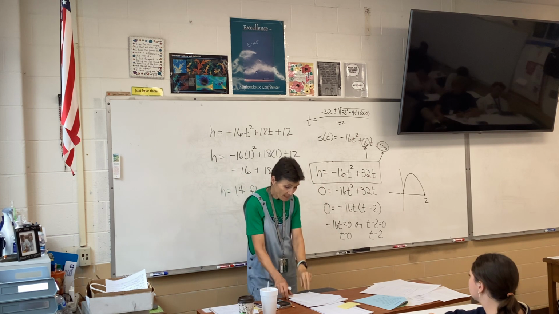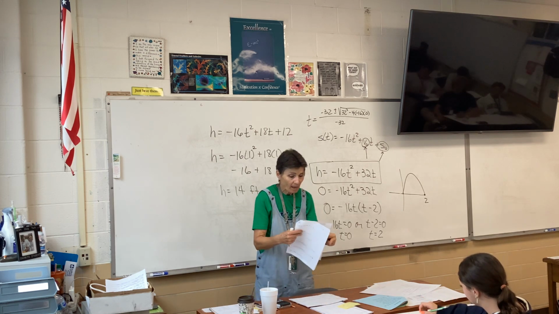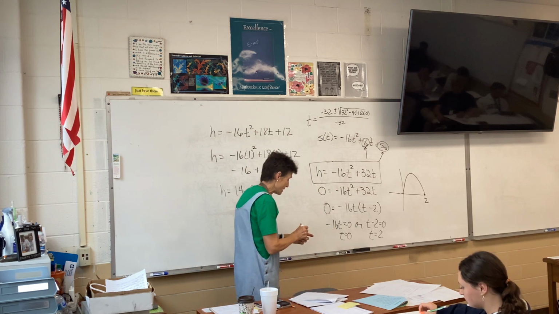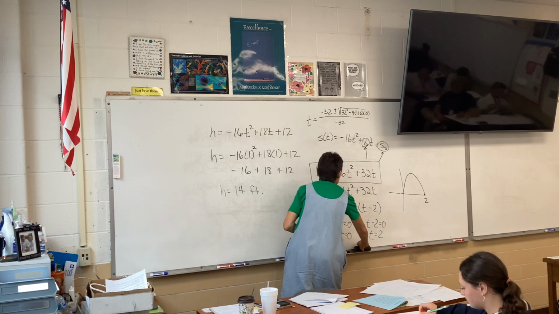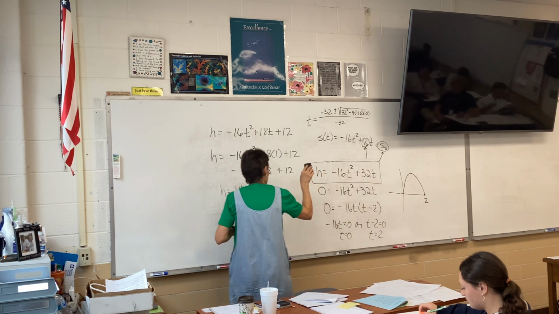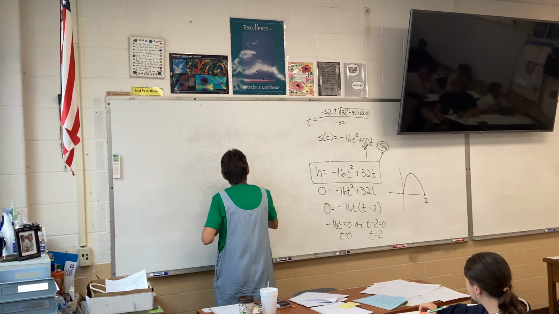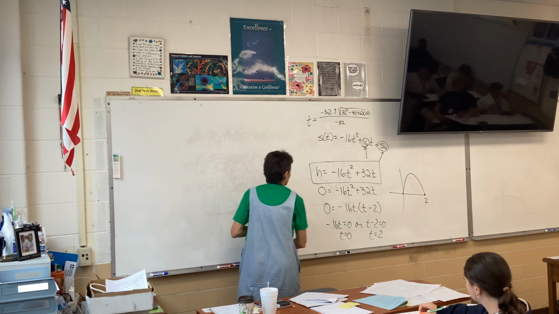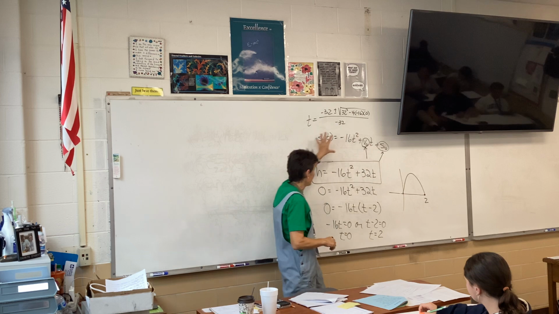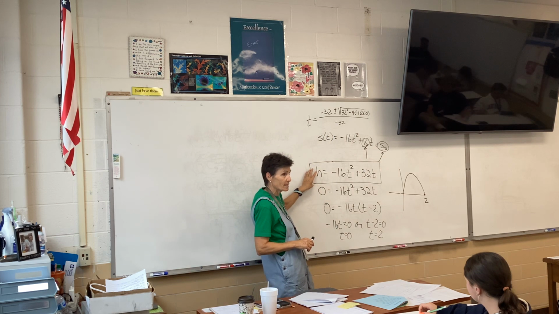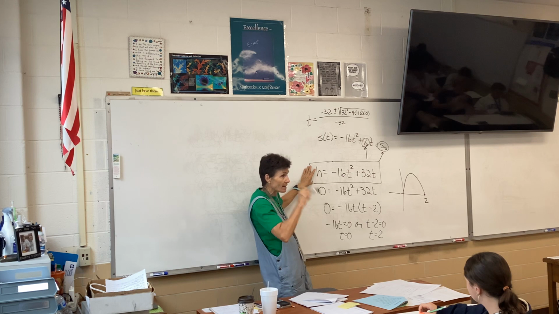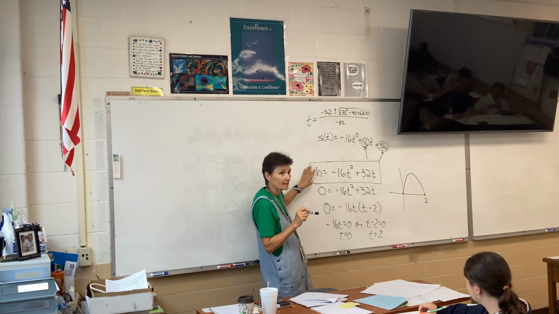All right, the next one says, how high will it be after 1/2 second? So remember, the thing in the box is my formula for this problem. This is the general formula, but I put my numbers in. This is the formula I'm using for A, B, and C. So B says, how high will it be after 1/2 second?